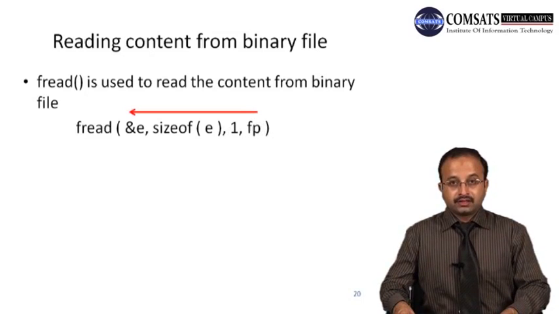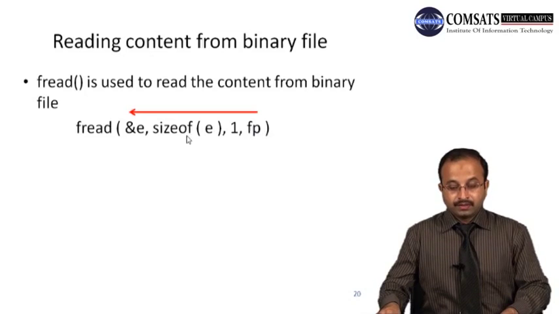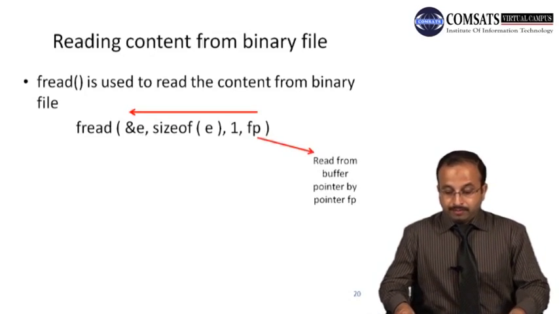Now it will read like this. It will read from the file this many bytes, this block of size as mentioned in the second parameter, and write it at this memory location. So fread reads from the buffer pointed to by the pointer fp.